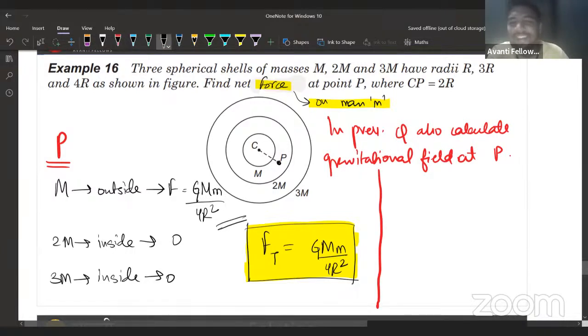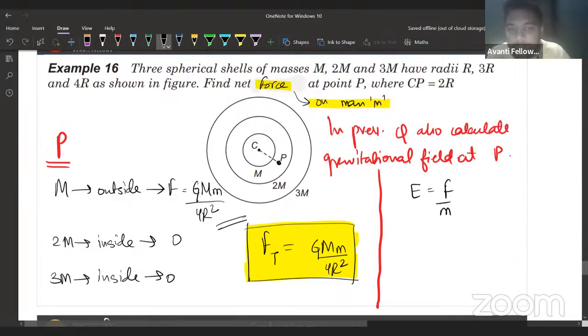Thank you very much for those quick responses, guys. If we want to calculate the gravitational field at point P, that will be force by mass. Which mass do we use here, the mass of the whole sphere or the point mass? We have to use the mass on which the force is being experienced.